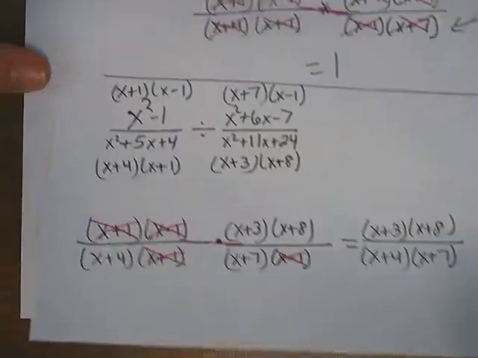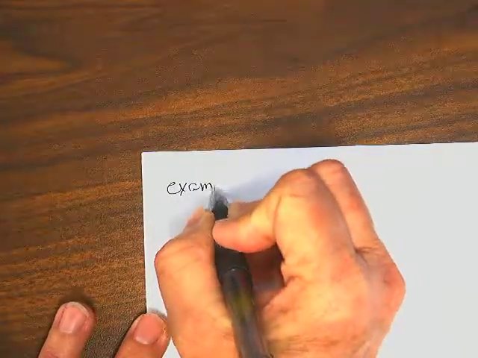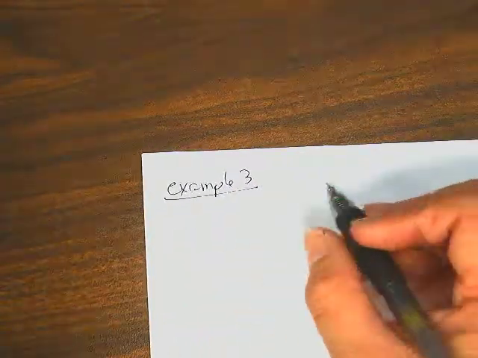Okay, there we go. Let's do a couple more examples here just to make sure we're comfortable. So let's say example 3, and I'm going to do one that's already factored this time.